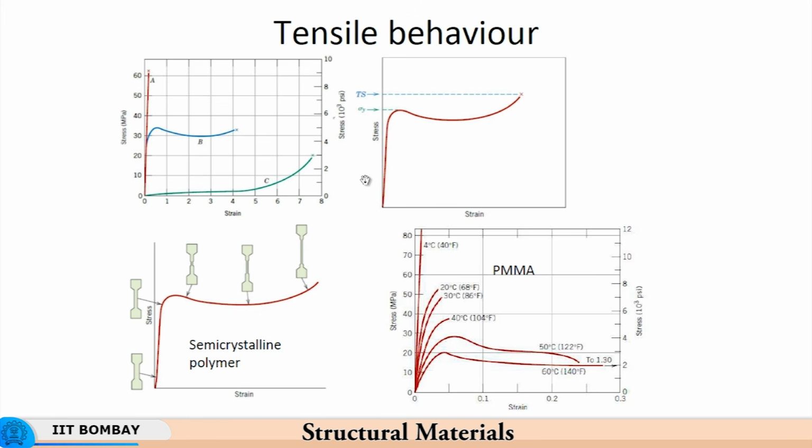Now, in case of metals, you have uniform deformation, and then neck formation here. Neck formation in polymers starts much earlier, but then a significant amount of viscoplastic deformation takes place because the viscous effects take over.